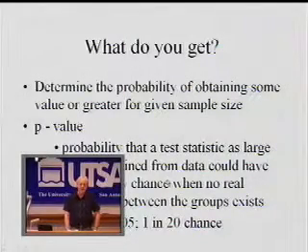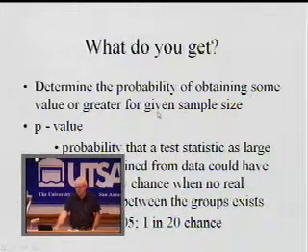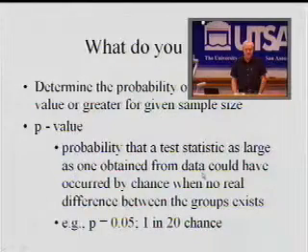So what do you get then? You determine the probability of obtaining some value of your test statistic or greater for a given sample size. So again, the sample size becomes very important. It's reflected in the degrees of freedom when you go look up the table. The p-value is the probability that a test statistic as large as one obtained from the data could have occurred by chance when no real difference between the groups existed.